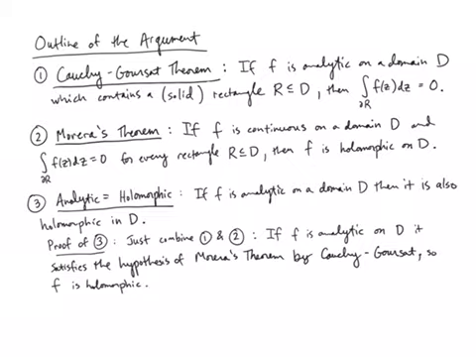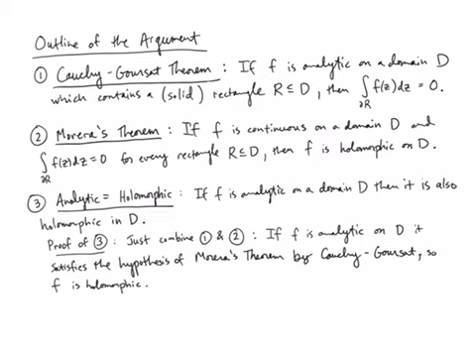The first step: we'll be assuming that f is an analytic function on a domain. You can prove Cauchy's theorem in the case of a rectangle. This is called the Cauchy-Goursat theorem.